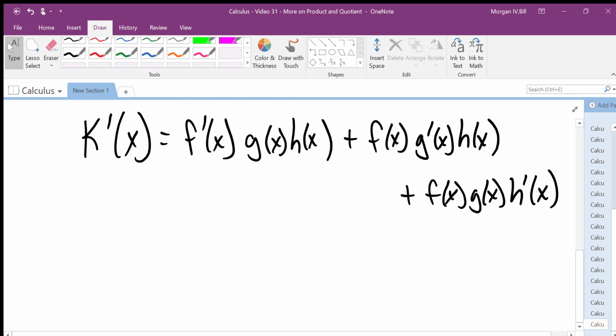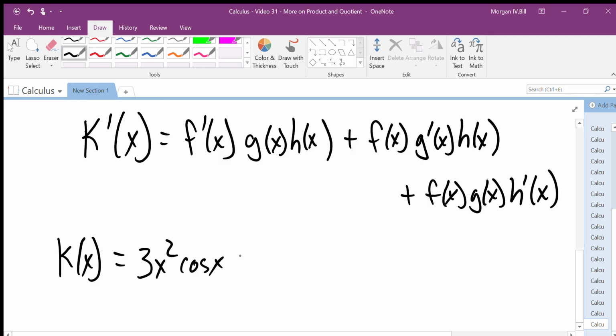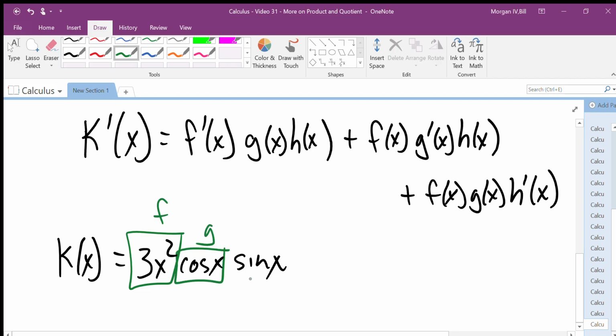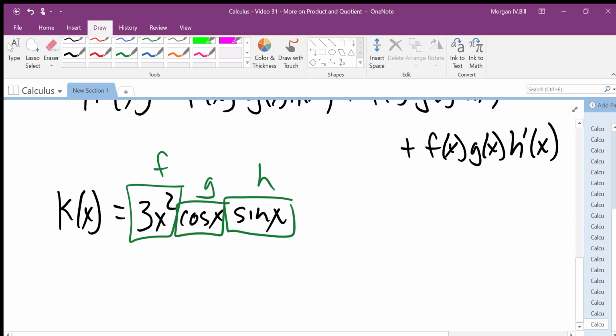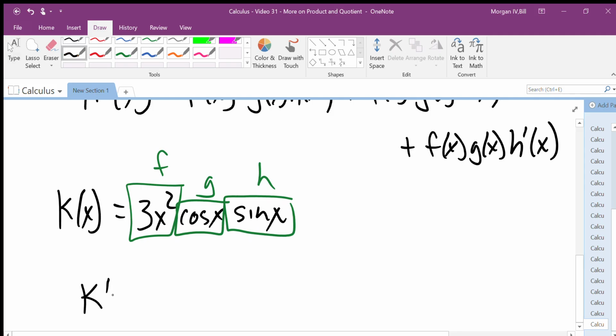Let's try that out with our example. We have 3x squared times cosine of x times sine of x. Let's consider the 3x squared as my f function, the cosine is my g function, and the sine is my h function. Then k prime of x is the derivative of the first, that's 6x, leave the g, leave the h.